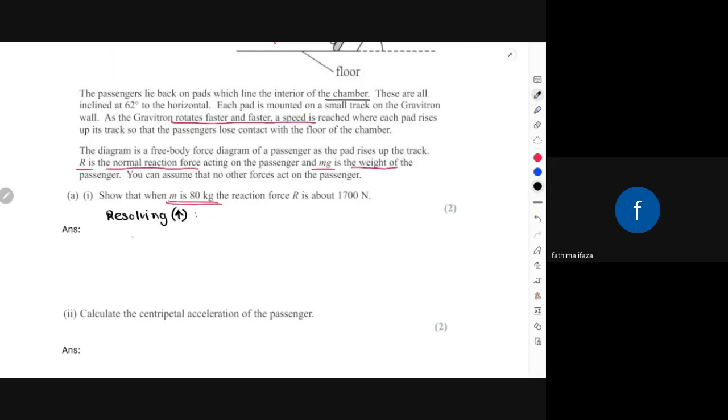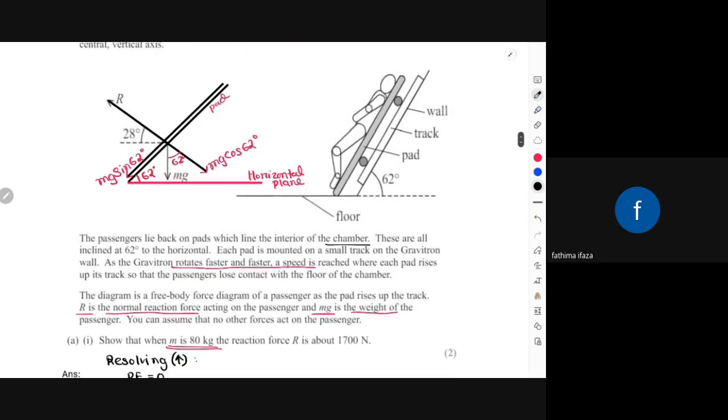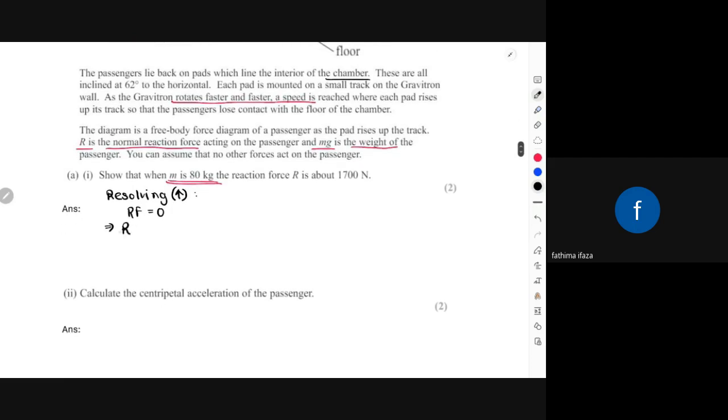Resolving vertically, the resultant force is equal to zero. And on top you have only R, and then minus mg cos 62 degrees, that is equivalent to 0, which turns out to be reaction force is just mg cos 62, which is 80, multiplied with 80 in kg, right? Then 9.81 and then cos 62 degrees.